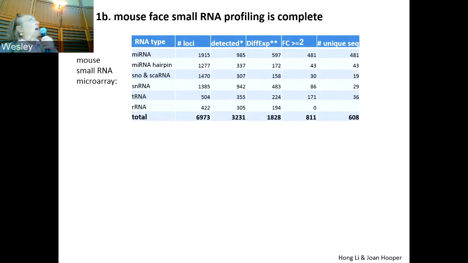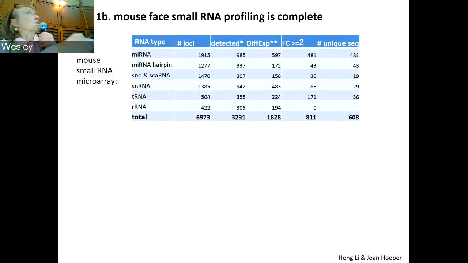We also have a data set of the smaller RNAs, and we thought long and hard about the best way to do this, and thought that we would give a stab at actually measuring these with microarray technology instead of RNA-seq technology. There's all kinds of issues with quantitation of small RNAs.